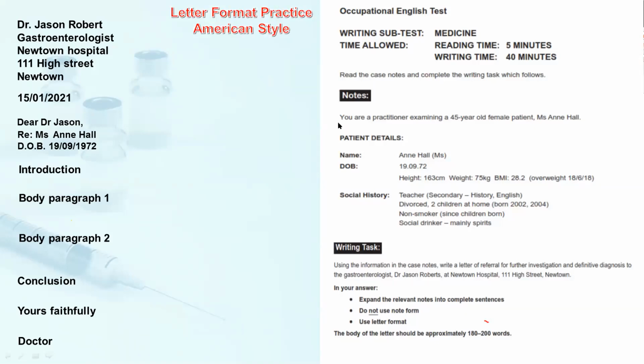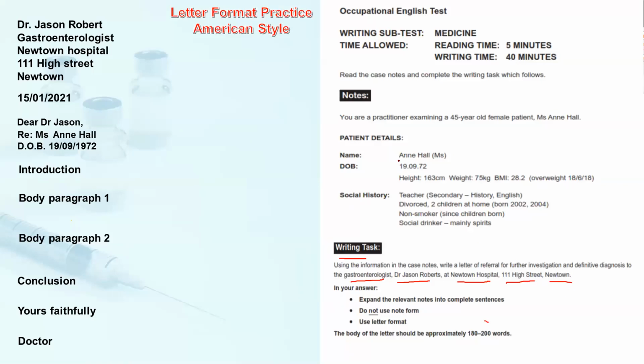This is your task. Writing task: using the information in the case notes, write a letter of referral for further investigation and definitive diagnosis to the gastroenterologist, Dr. Jason Roberts, at Newtown Hospital, 111 High Street, Newtown.